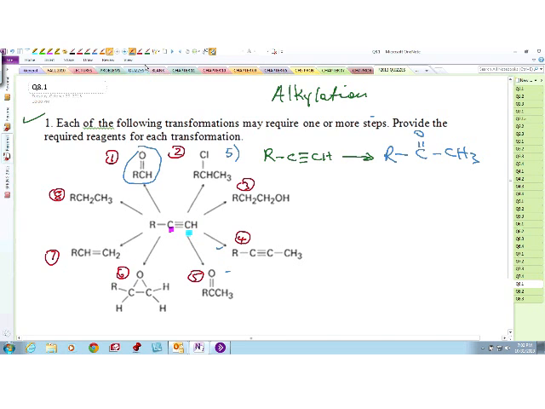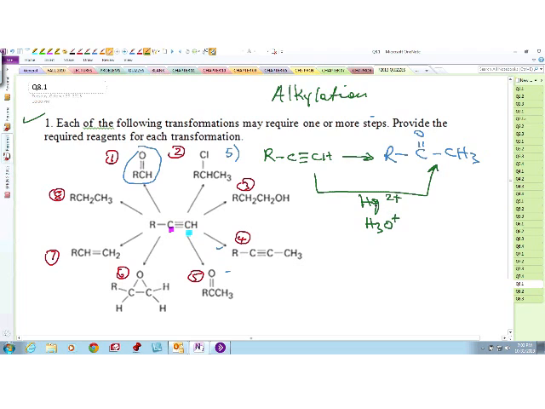No, ozone is for cleavage. Ozone will cleave. Mercury, exactly. You have to know what those reagents do. Once you know what the reagents do, these problems are really very easy. So you use mercury, any mercury 2 salt in the presence of dilute acid or sulfuric acid will be fine.